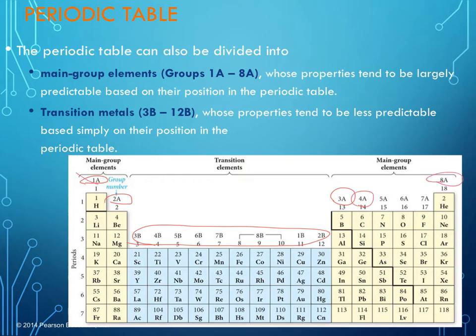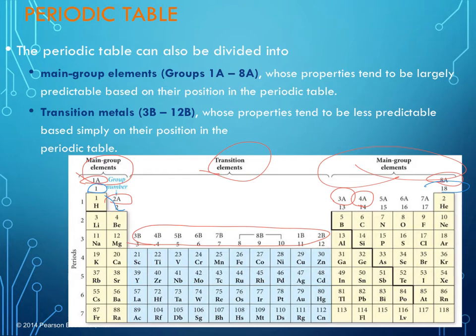So all the A groups are the main group elements, and the ones in the middle that are labeled B are transition elements. They're very odd, transition elements are, so we won't spend a lot of time on them. The more modern way to label the groups is simply 1 through 18, but you should be familiar with both methods.